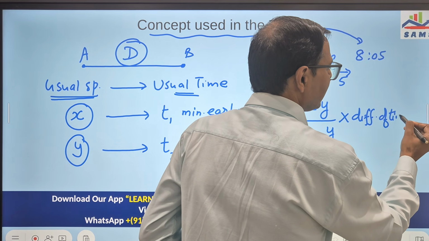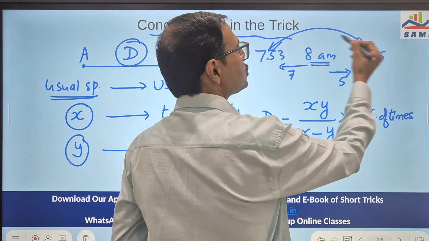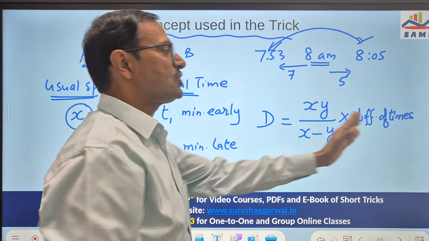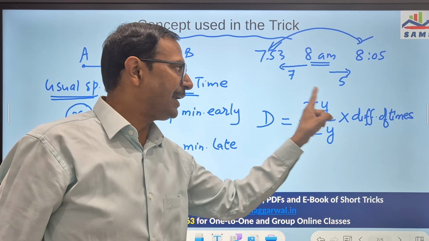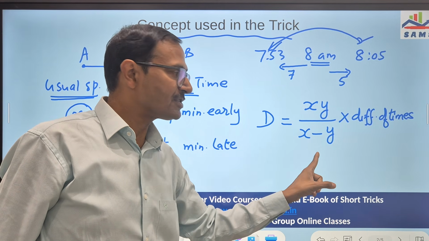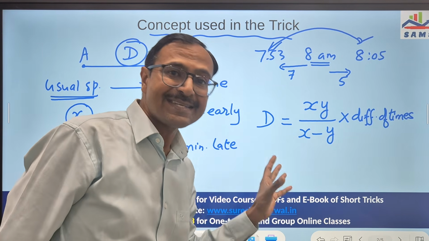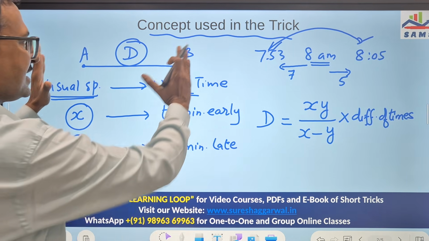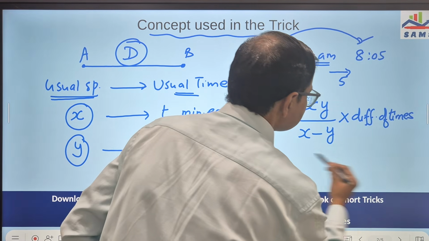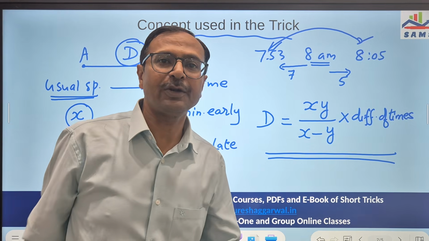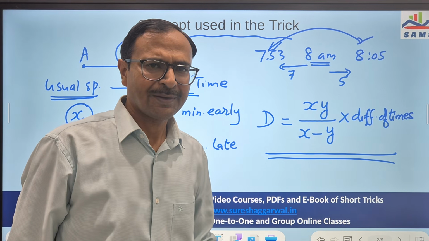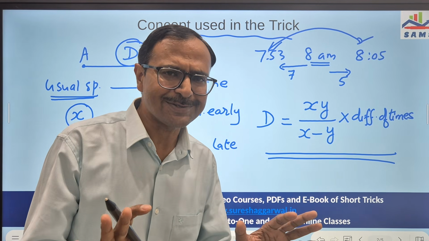The difference between the two times given in the question is multiplied by the product of speeds upon the difference of speeds to get the distance covered. This is the direct short trick to solve such questions. I hope you understood 70% of this already.